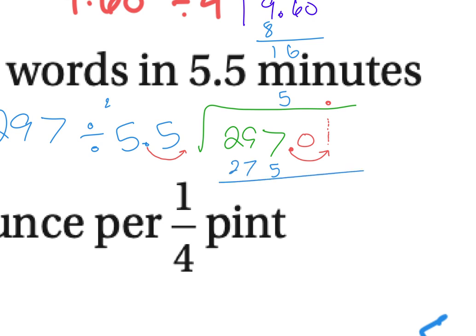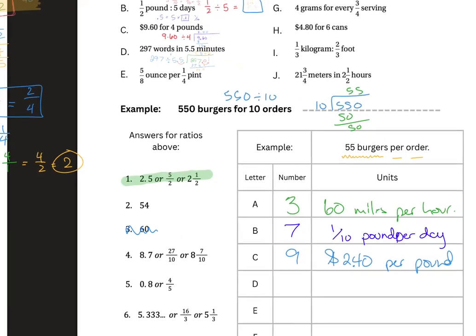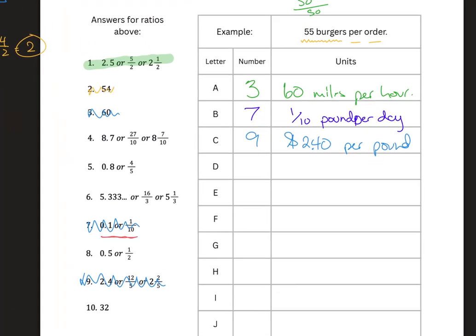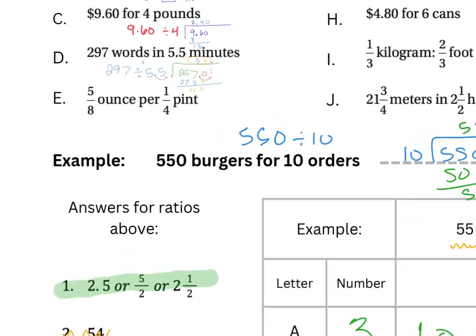And we get 22. Bring down the 0. That is exactly 4. So the answer is 54. There we go. Number 2. 54 words per minute. Next.